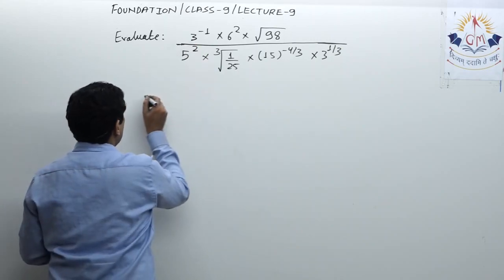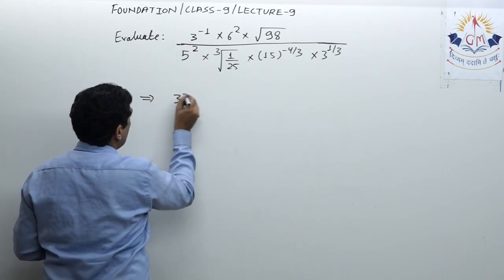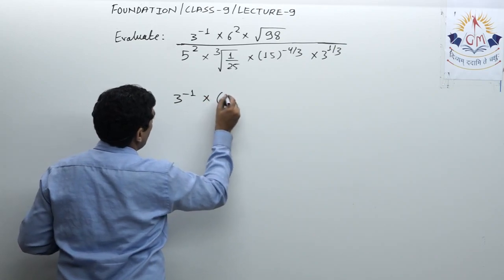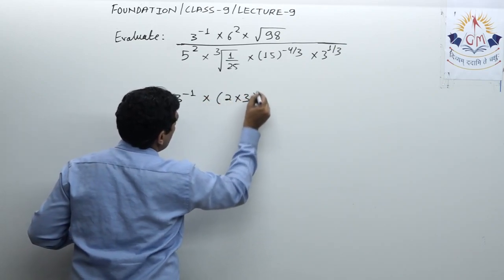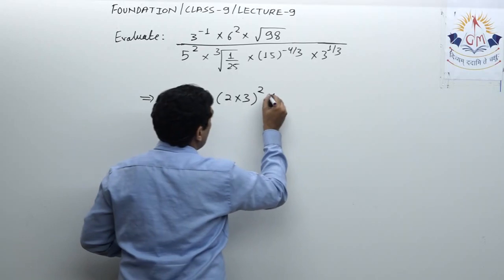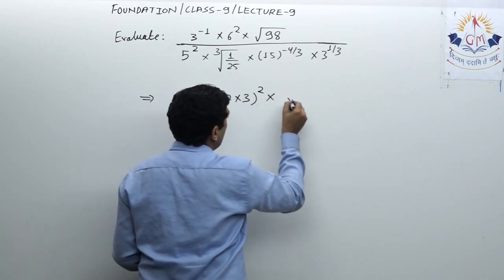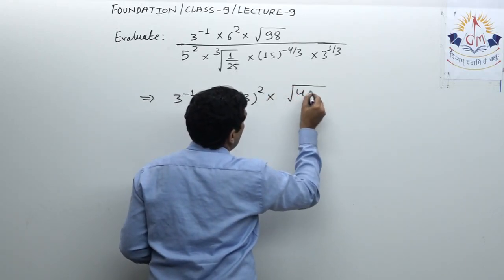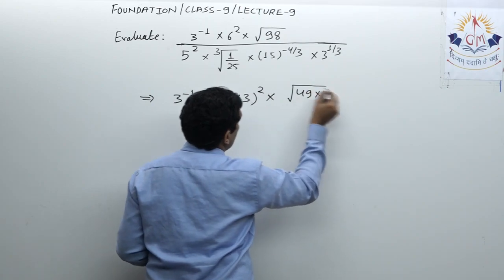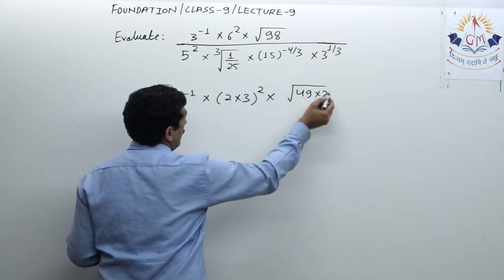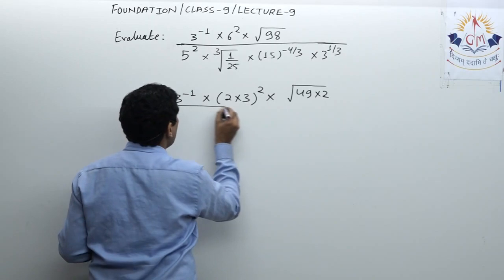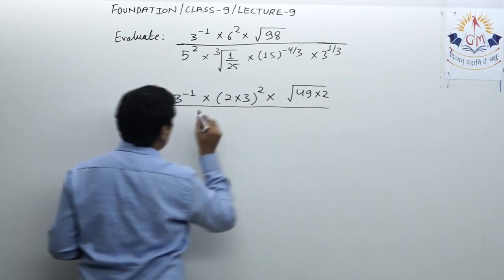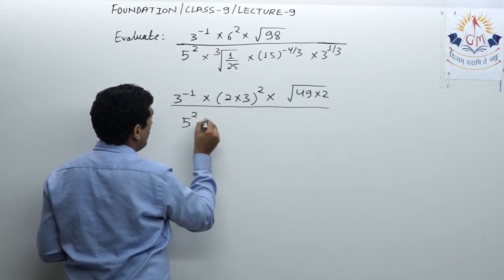So here this first one remains as it is, 3 raised to minus 1. This will become 2 multiplied by 3 raised to 2 multiplied by, now root 98, actually I can write 49 into 2, that is 7 root 2. Now over here this 5 square remains as it is.